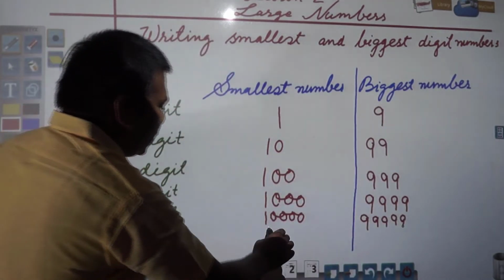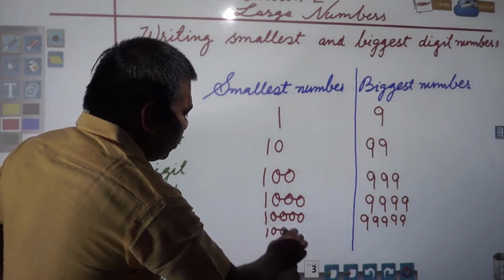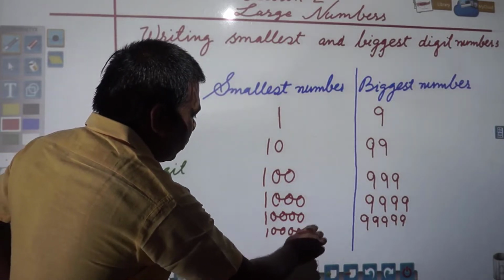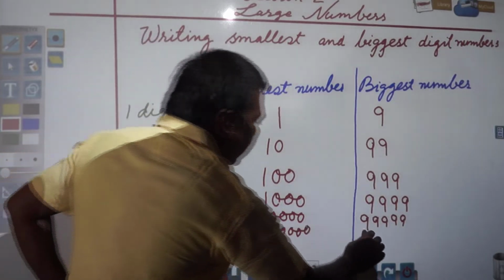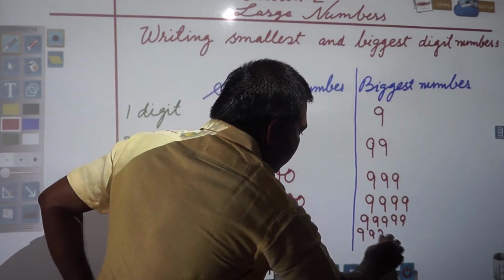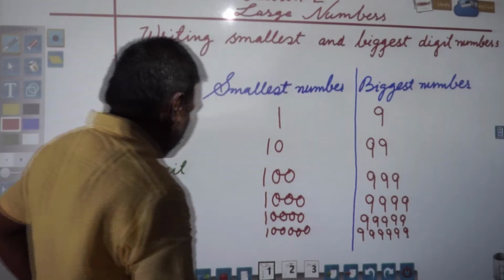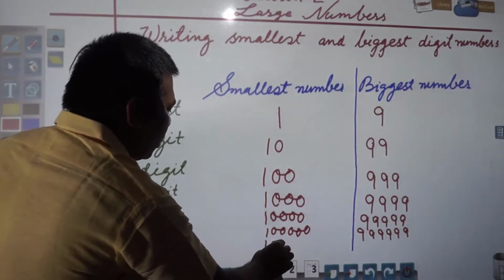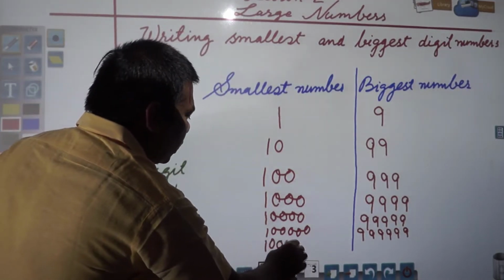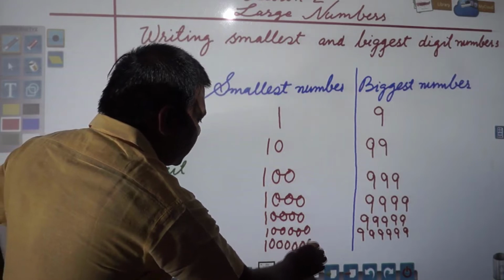Similarly, for 6 digit, 1 followed by 5 zeros, and 6 nines. For 7 digit, 1 and 6 zeros.